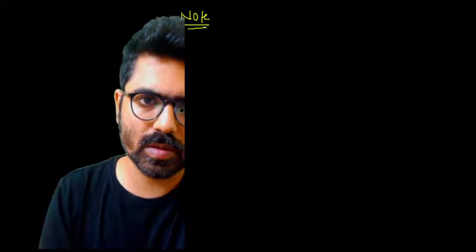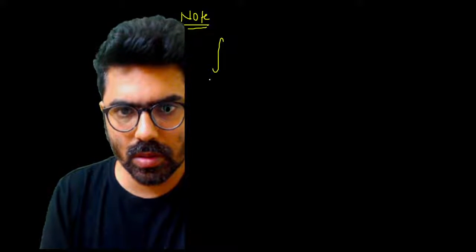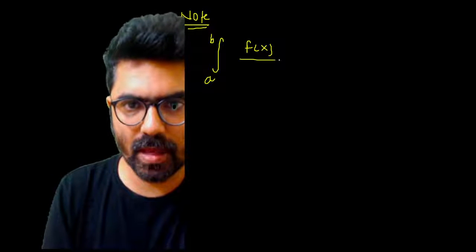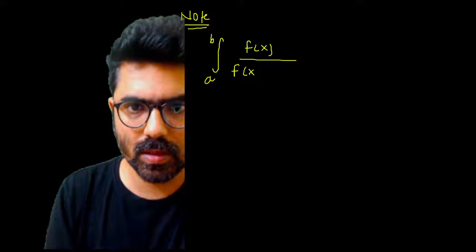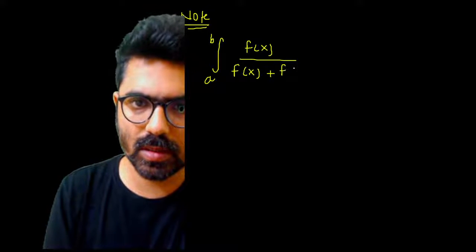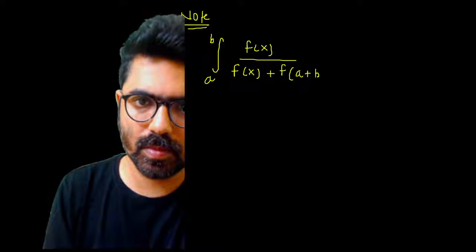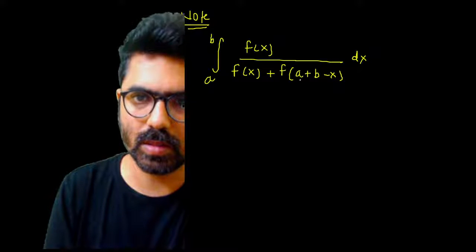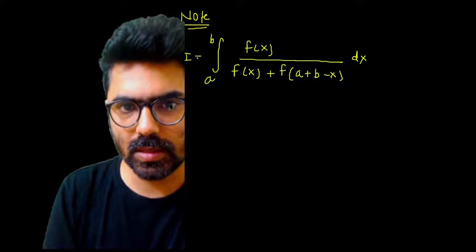Okay. Now there is an important note over here. Just try to write this in your notebook. The integral from a to b of f of x upon f of x plus f of a plus b minus x, here I is this.